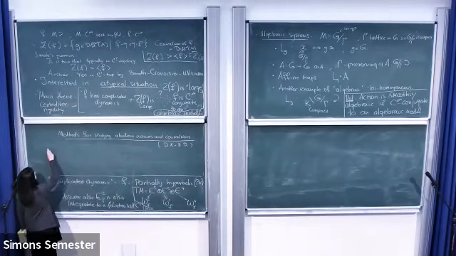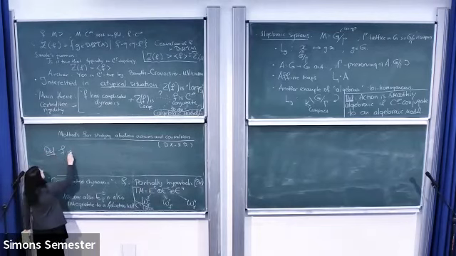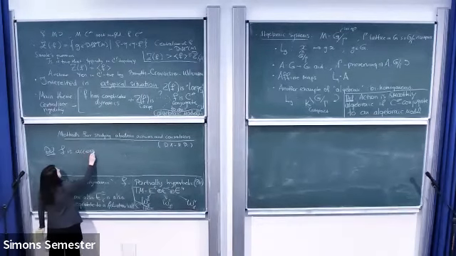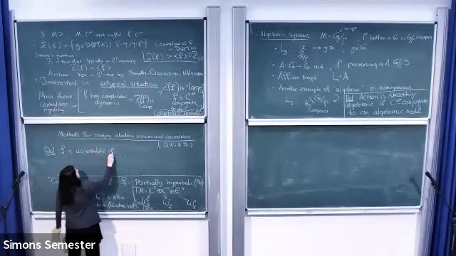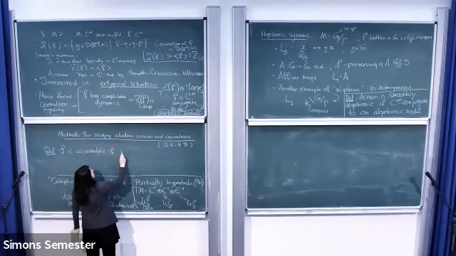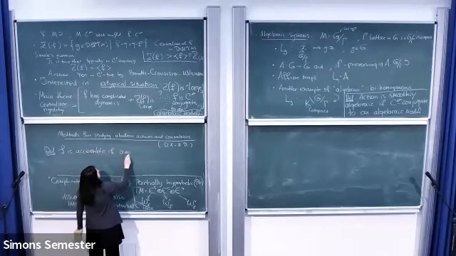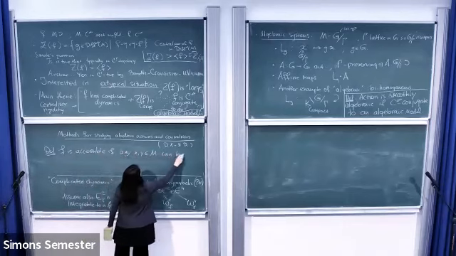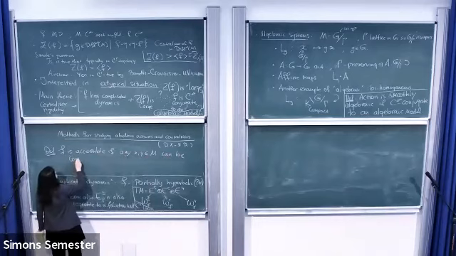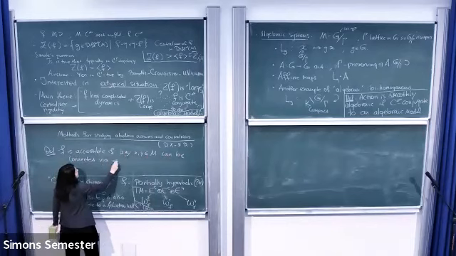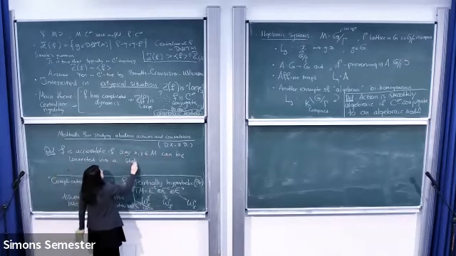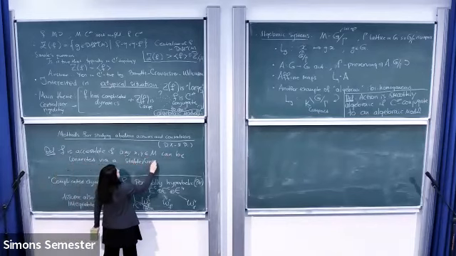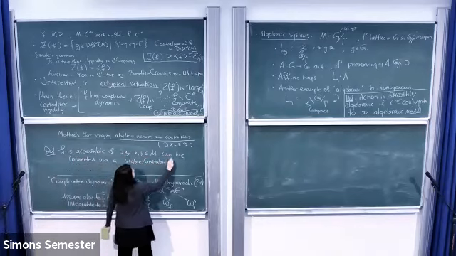So F is accessible if any two points, unequal, can be connected via a stable, unstable, broken path.